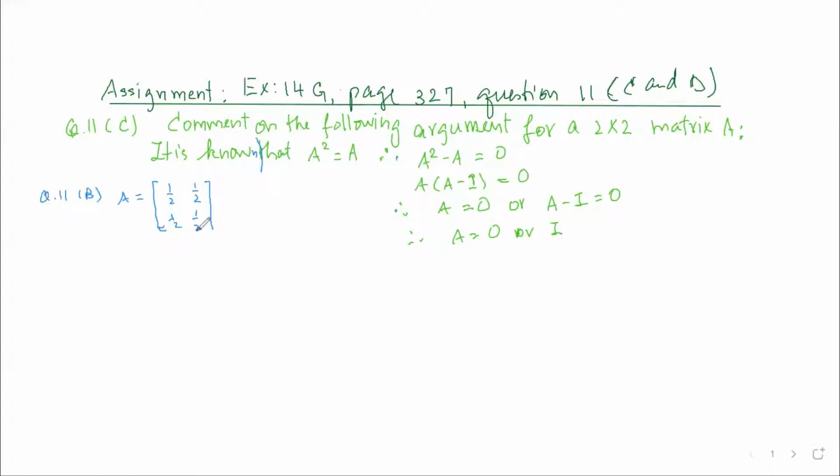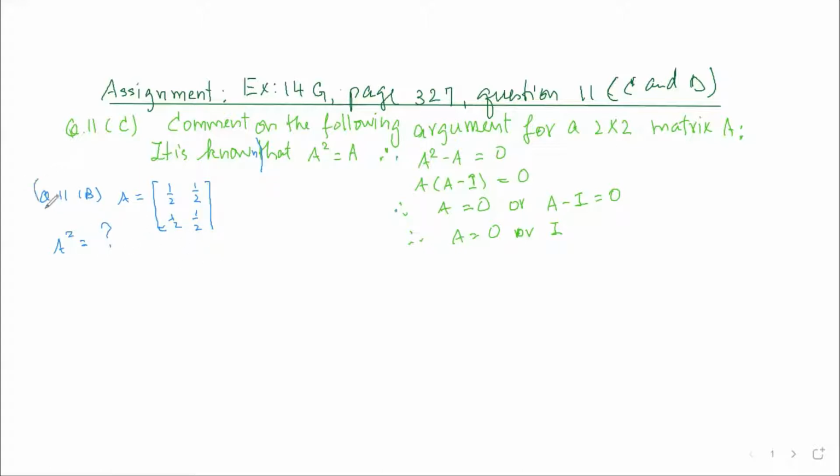So this one we call an equality matrix, because every element is equal. From Question 11B, they give you A and want you to find A squared.